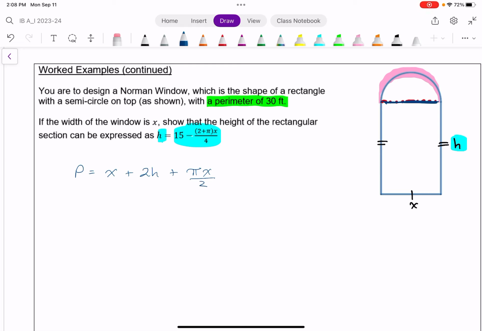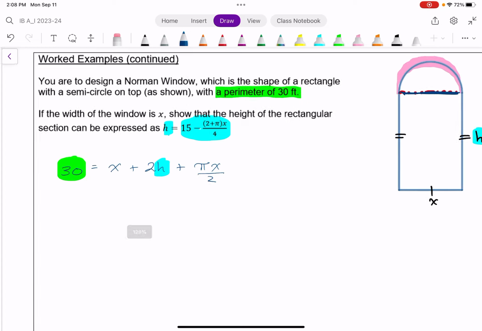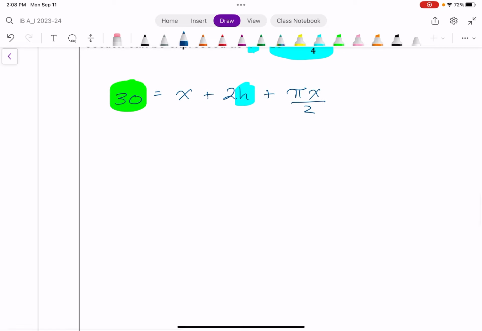All right, so I want to show that this h here is equivalent to what is being given to you here. Well, keep in mind that perimeter I have labeled here, I can actually change to 30 because we're told the perimeter is 30 feet. And so now this is just an algebraic question of isolating the h and getting to a form to show that what I gave you here isn't wrong. So the first thing I would do here is isolate the 2h.